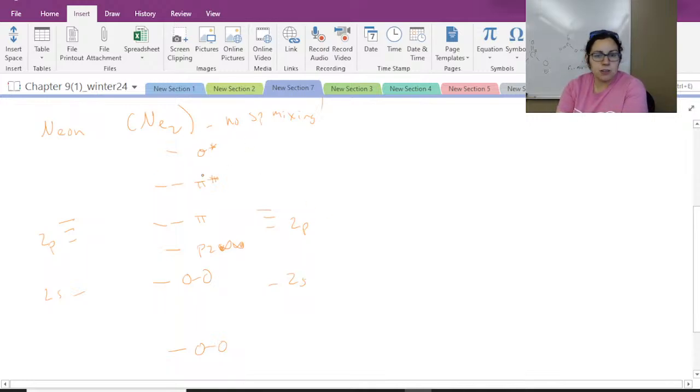How many electrons do I need for this? We have 2p plus 2s, so how many electrons? Yes, 16: 1, 2, 3, 4, 5, 6, 7, 8, 9, 10, 11, 12, 13, 14, 15, 16.